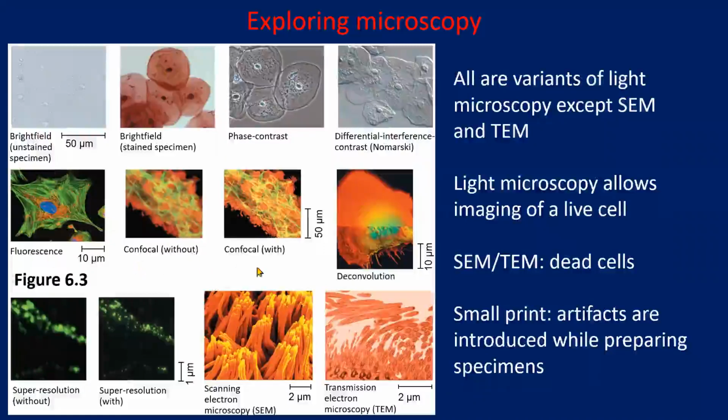Then you have the confocal microscope. Then apart from that you have the super resolution microscope, and then you can have the electron microscope, and within the electron microscope there are two types: scanning electron microscope and transmission electron microscope.